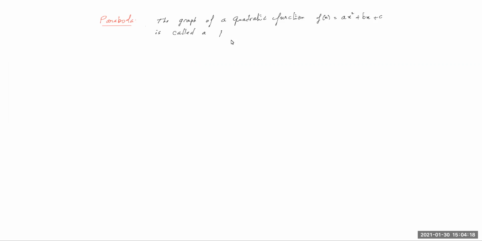Let's say a parabola, because the word parabola is more general, not necessarily restricted to this equation. The global shape is what we want. It's more about the shape, which is a parabola.